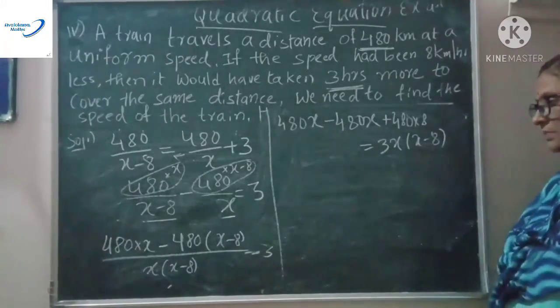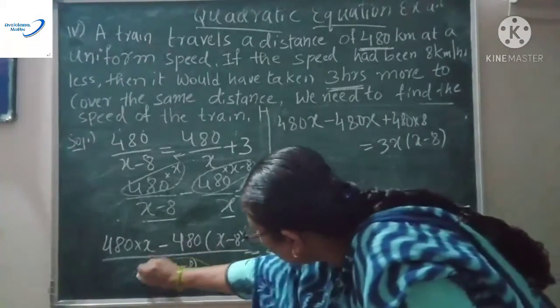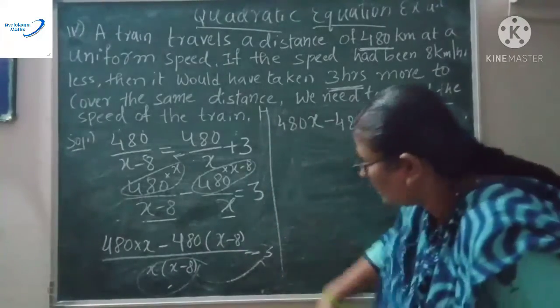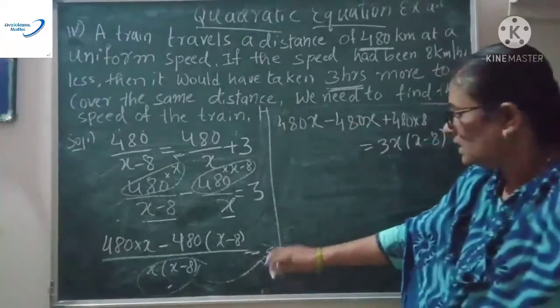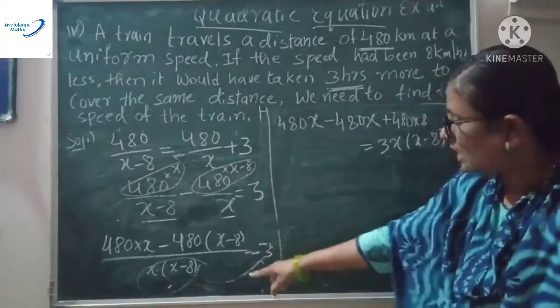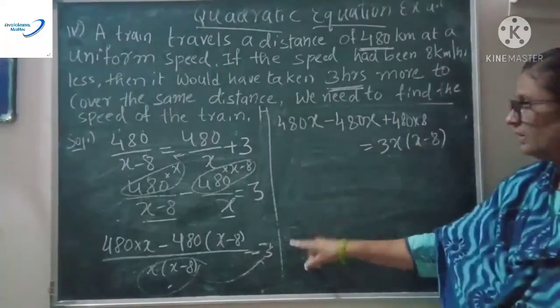This is how you get the simplification. How? This whole thing comes to the numerator of the RHS, because in the denominator it is. So when it is moved to the RHS, it gets multiplied with 3.